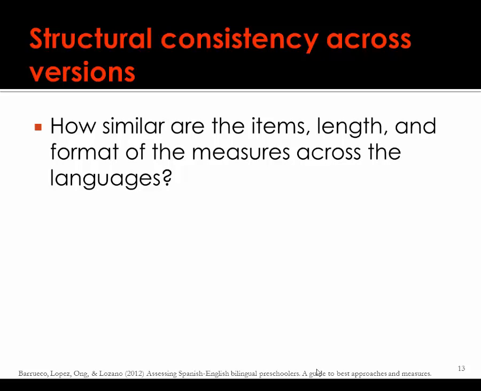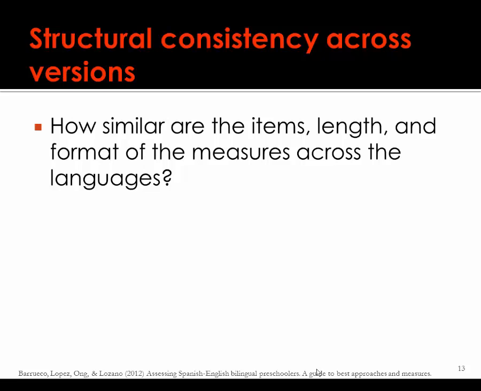Another consideration is about the structure of the tests. That is, the amount of subtests, the length of the subtests, the number of items. So the question you will answer is, how similar are the items, the length, the format of the measures across the two languages.